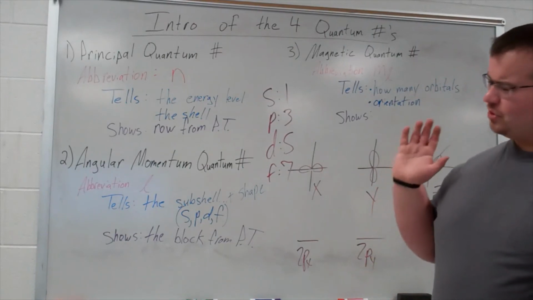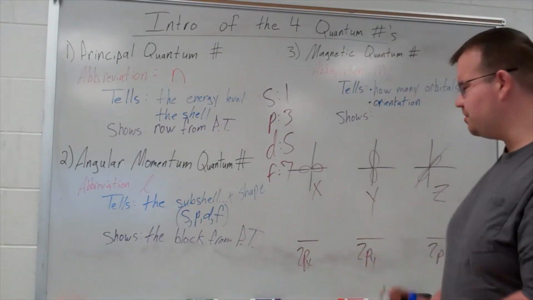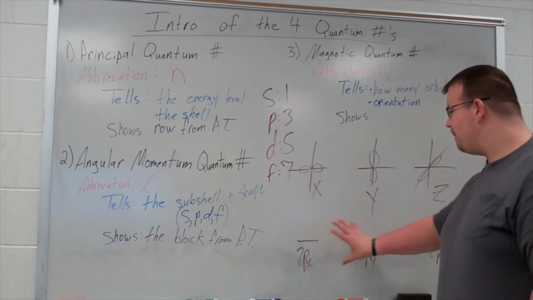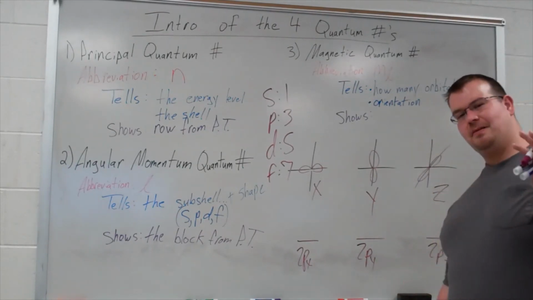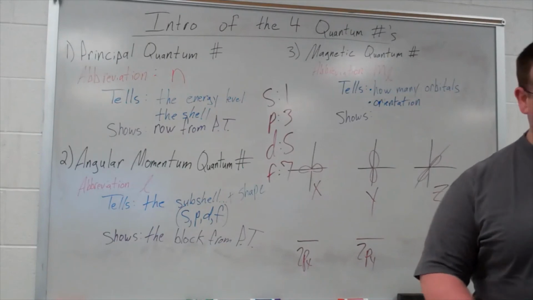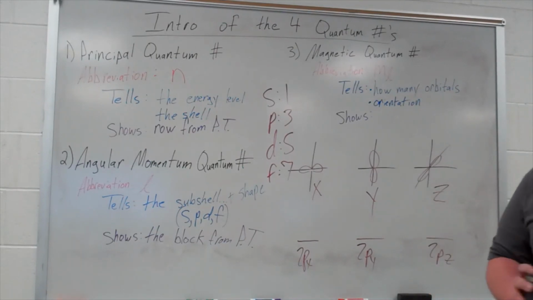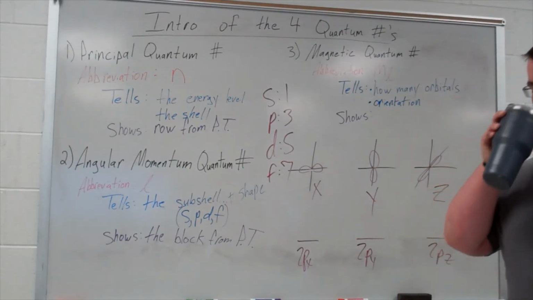And you don't need to know that. I'm just looking to see how many orbitals there are. We're keeping this very simplistic. Remember, this is the basis and background for quantum mechanics. We don't need to make this complex. It's complex on its own.